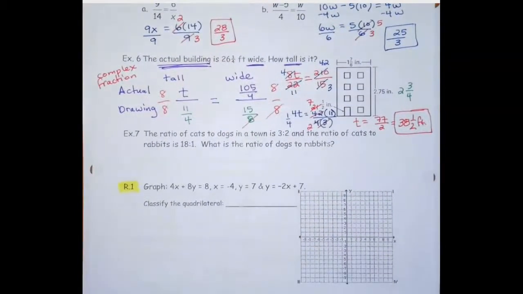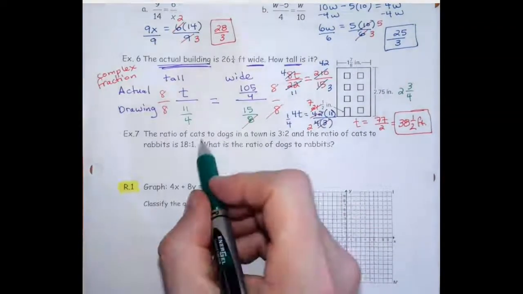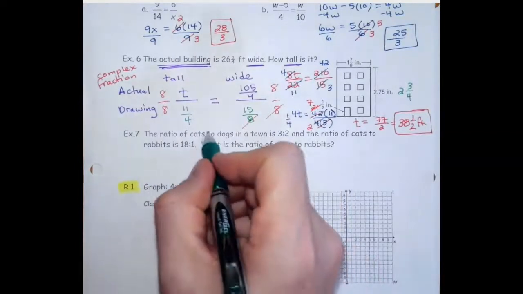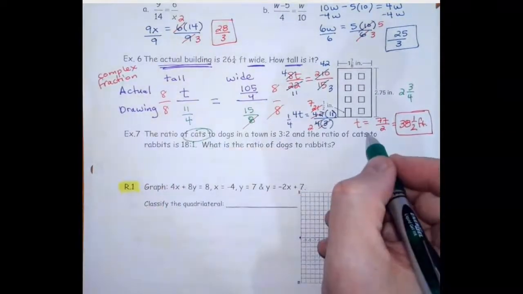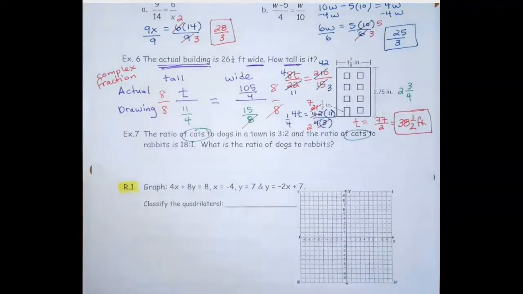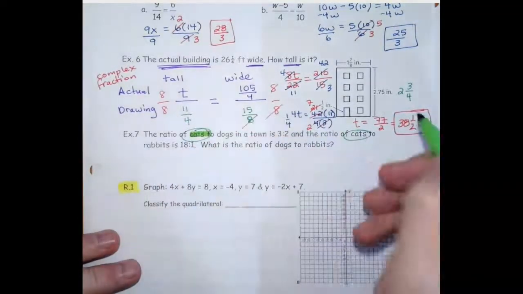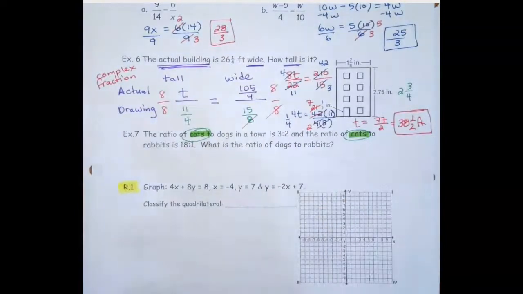Now this last one is a little bit on the tricky side. So it says the ratio of cats to dogs is 3 to 2, and the ratio of cats to rabbits. So the first thing you should realize there is that they're both being compared to cats. So that seems kind of important, comparing to cats.